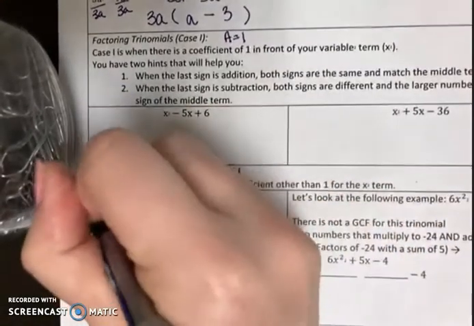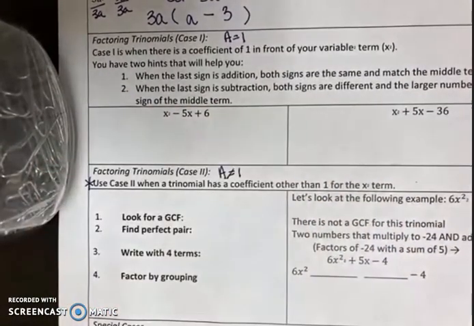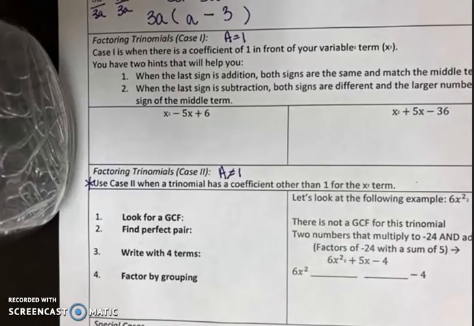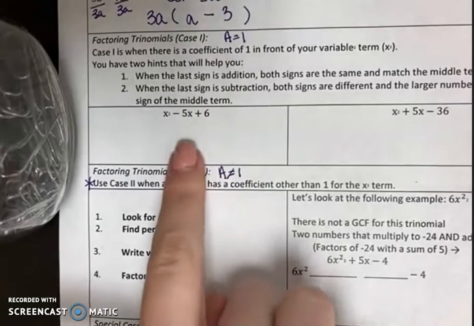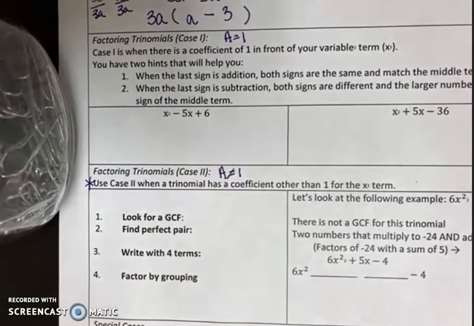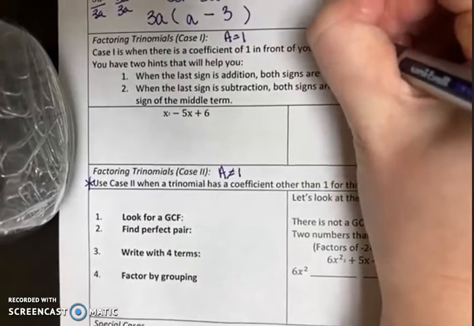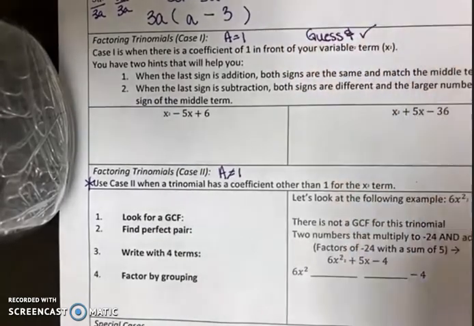I'm going to star case 2 because that is what I've seen the most mistakes in. Okay, we really need some extra practice with case 2, and you'll notice on your homework we have more of these types of problems. Let's go back to case 1. So with my class, what I've done before is I used what is called guess and check.